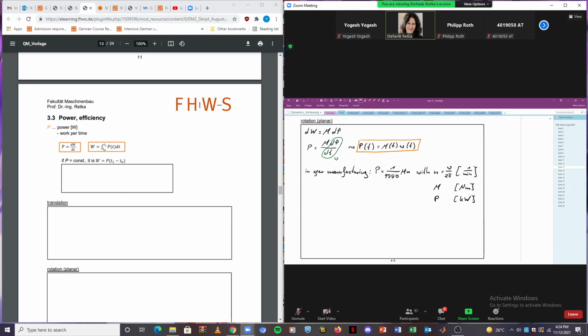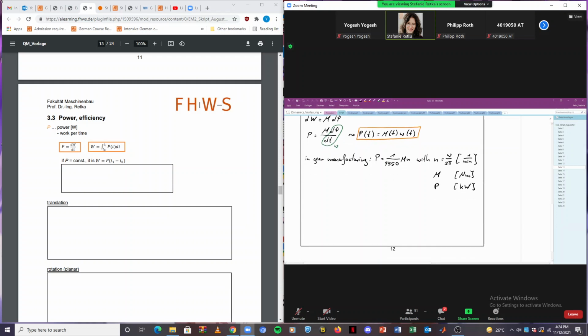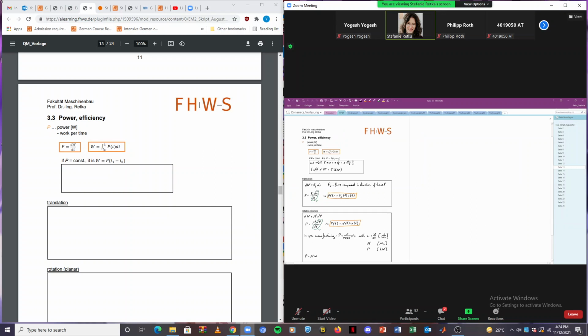So now let's have a look at where this rule comes from. And this results from the equation above, the equation in the orange box. I'll state it again, M times omega. It's a result of this equation. Omega, we know that omega is equal to 2 pi n.